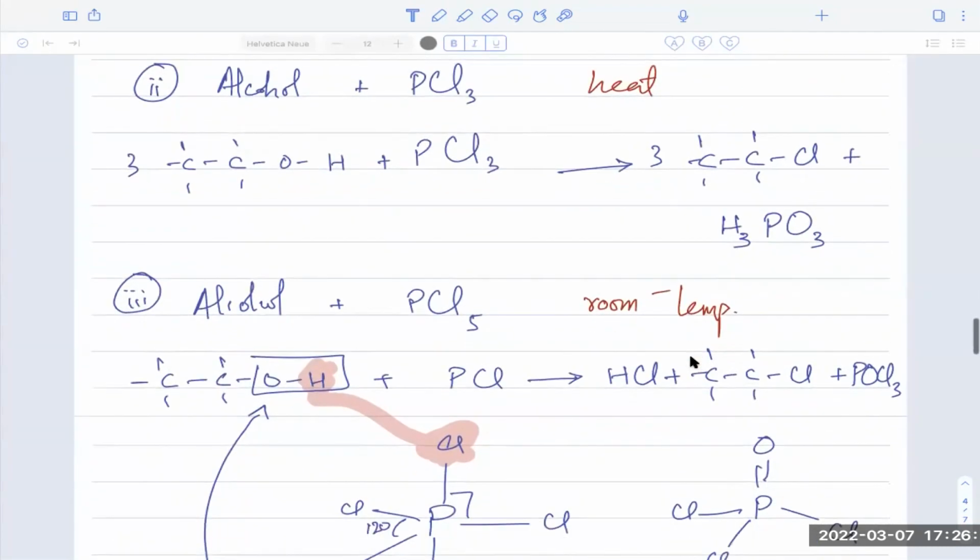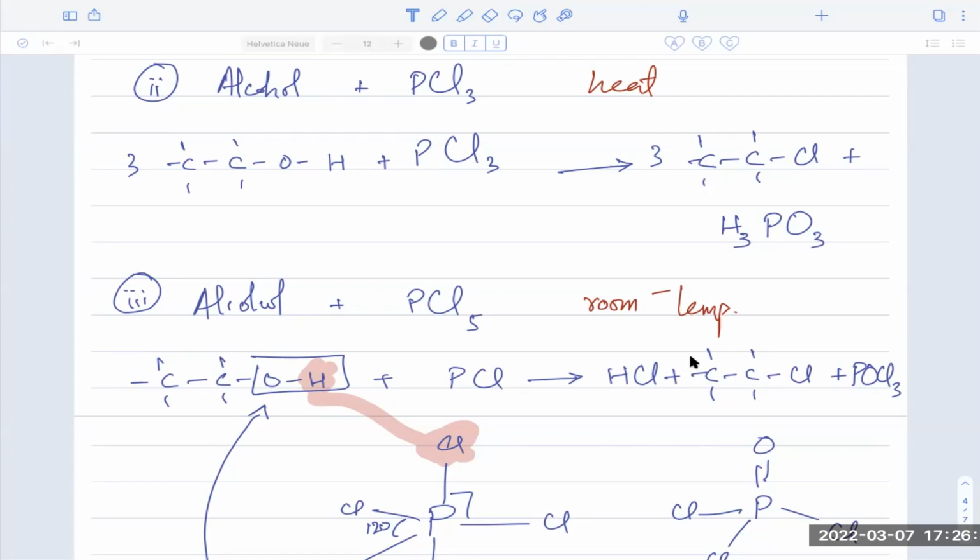There are three other ways which are specific to AS chemistry, and that is that you can start with PCl3, PCl5, or SOCl2, and they will react with alcohol and produce halogen alkane. Again, in all of them, OH goes out and the halogen comes in, and then something else might happen to the OH. For example, in the first one, each chlorine replaces one OH, and phosphorus ends up with OH.